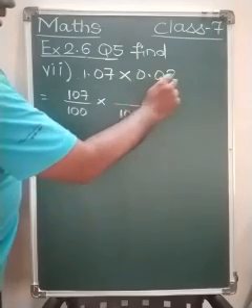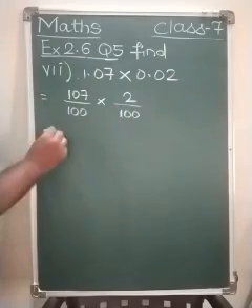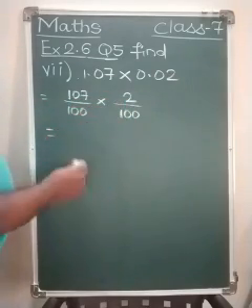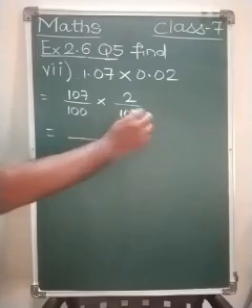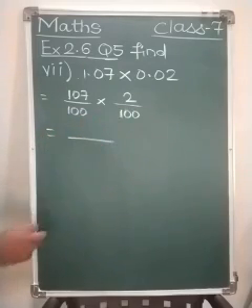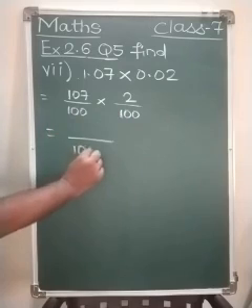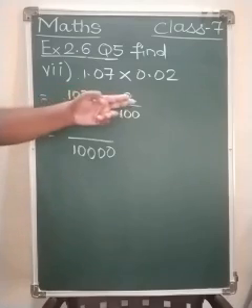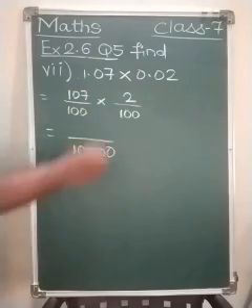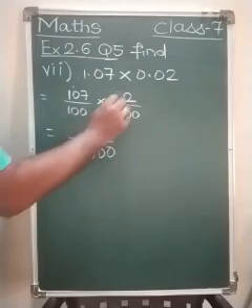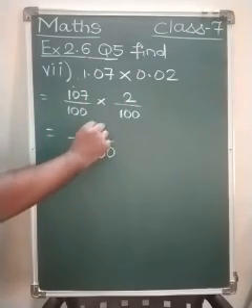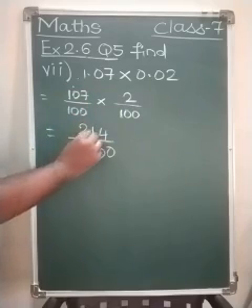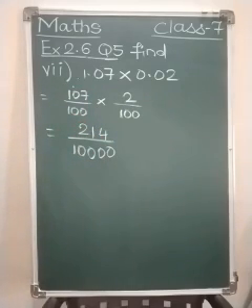The zeros won't count, so 2 would be written as it is. 107 multiplied by 2 upon, first we'll write down the denominator, 100 into 100, it would be 10,000. And 107 multiplied by 2: 2 sevens are 14, 2 zeros are 0 plus 1, 1, 2 ones are 2, so 214 upon 10,000.